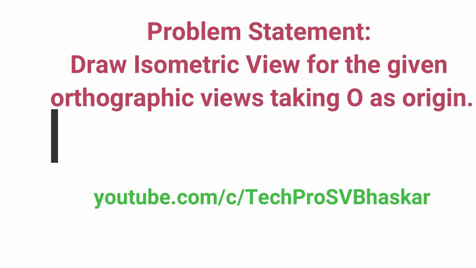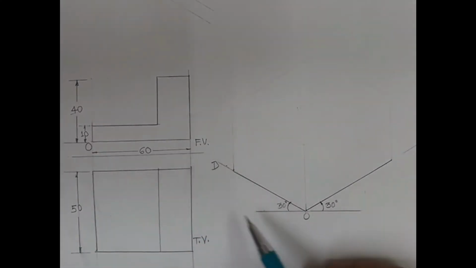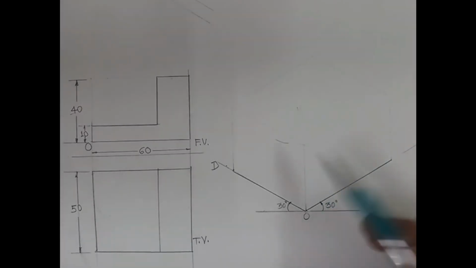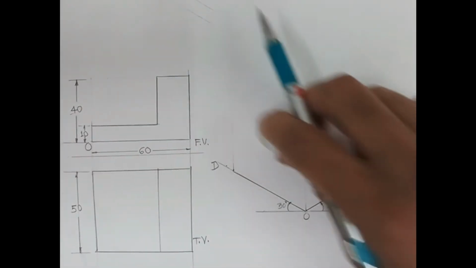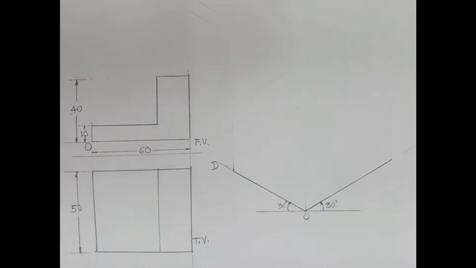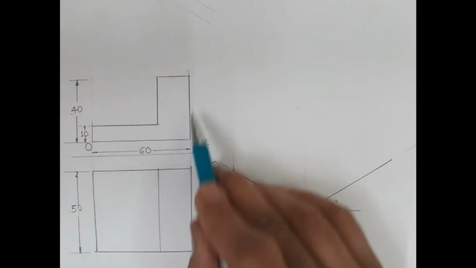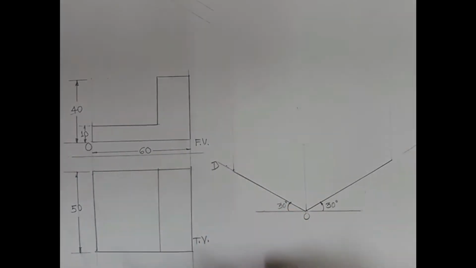taking O as origin. Now if you refer to the previous video, I had constructed a box in that case, and that box is slightly visible here because I wanted to use the same dimensions for this particular video. So I just removed that part, and now we are going to construct the isometric view for this given object.